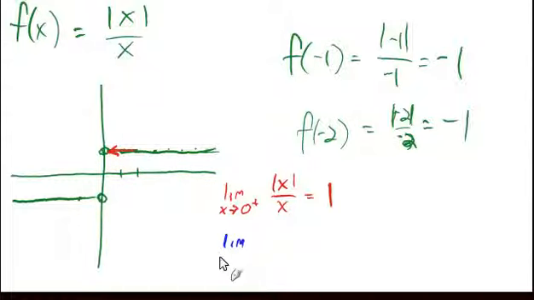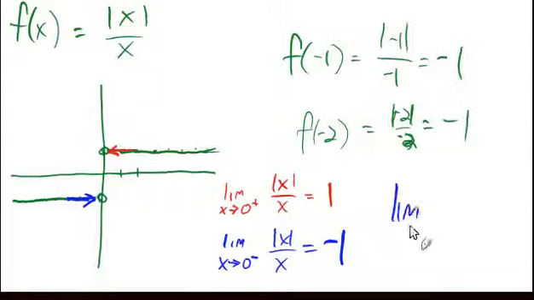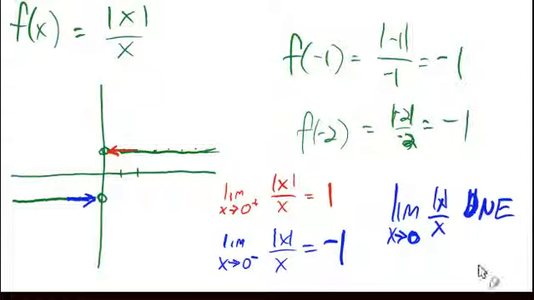But the limit as x approaches 0 from the left of the absolute value of x over x, from the left, we just looked at it and we are approaching negative 1. So this right-handed limit and this left-handed limit do not equal each other. So the limit as x approaches 0, where we're not saying right hand or left hand, we're saying just the limit, it doesn't exist. So you could say does not exist.